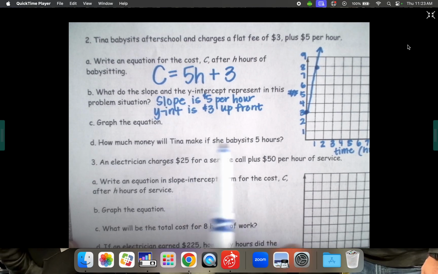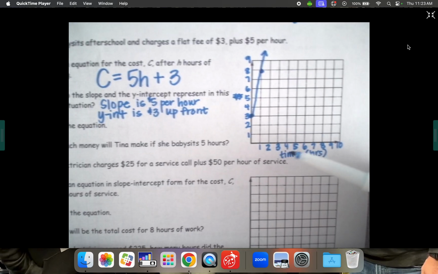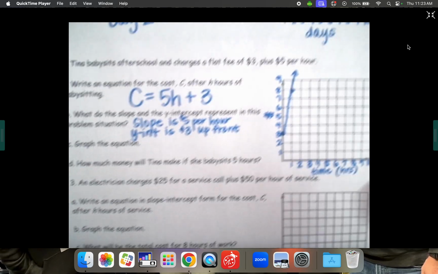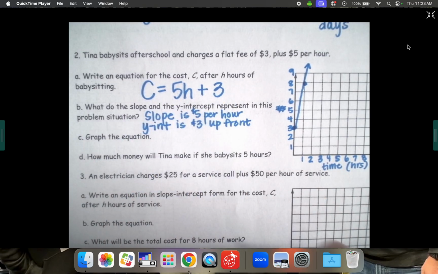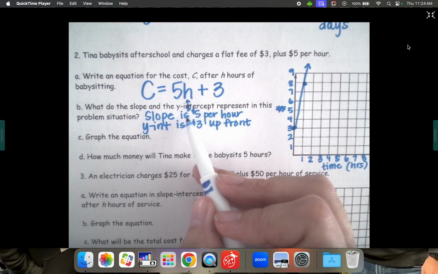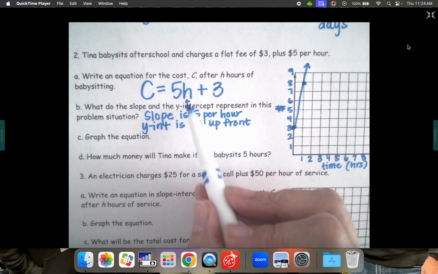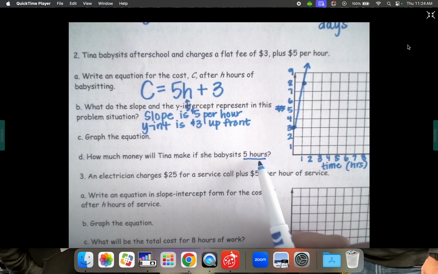How much would she make if she babysits 5 hours? I don't have enough graph to show you where it would be at 5 hours. So for that reason, it's really good that we have an equation, because you can just plug in 5 for your hours and multiply and then add. So if 5 is the number of hours, that's the H for hours, and we're wondering how much she made in 5 hours.